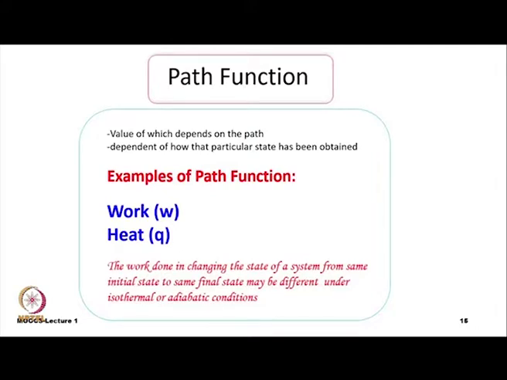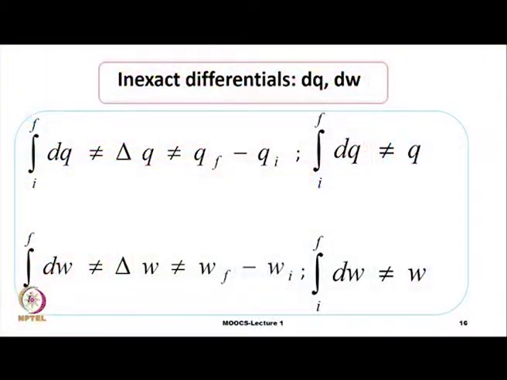The work done in changing the state of the system from the same initial state to the same final state may be different under different isothermal or adiabatic conditions. For path functions, their derivatives are inexact differentials. You cannot use delta for a path function. Delta q is not equal to q final minus q initial.